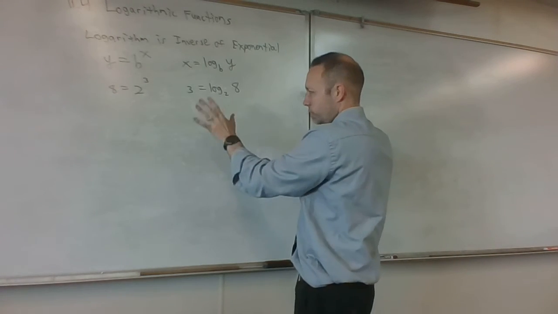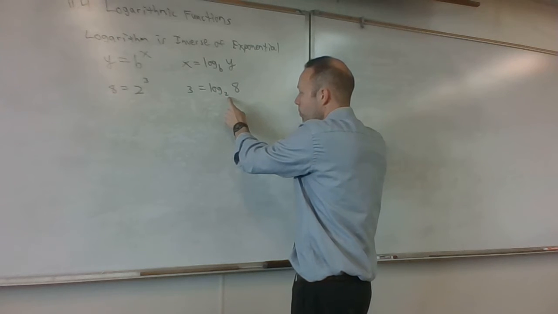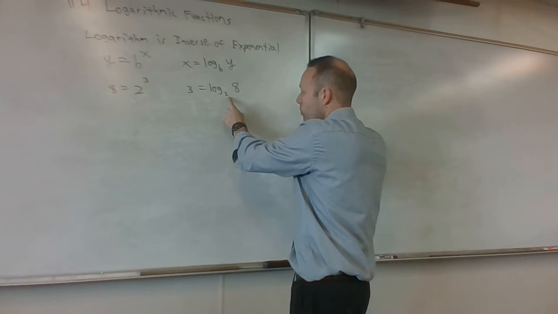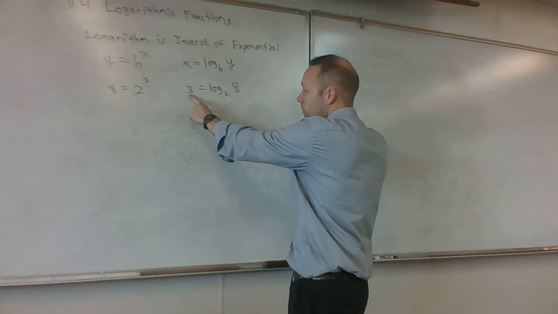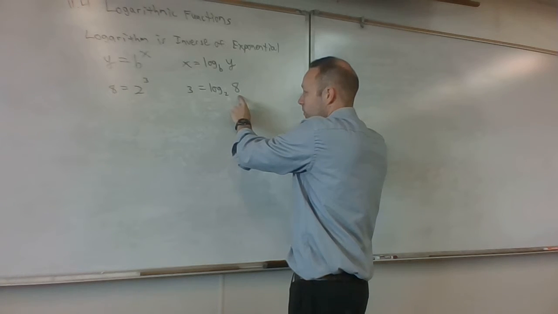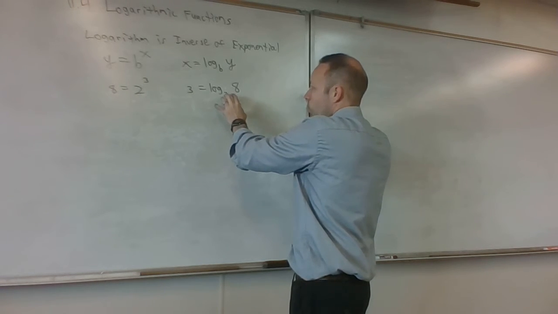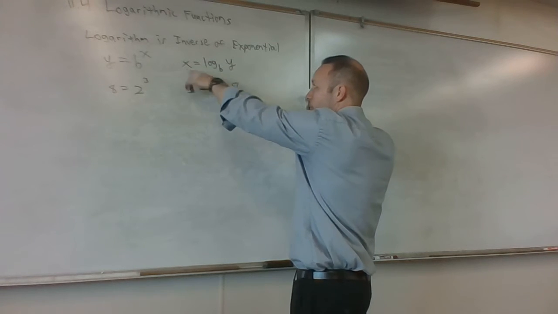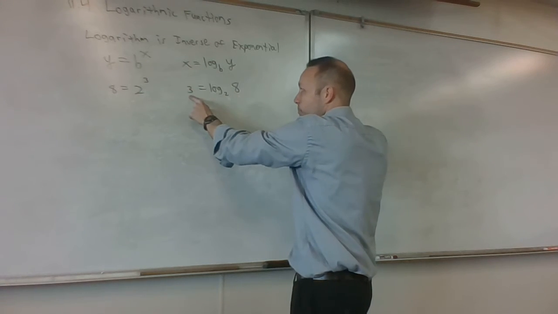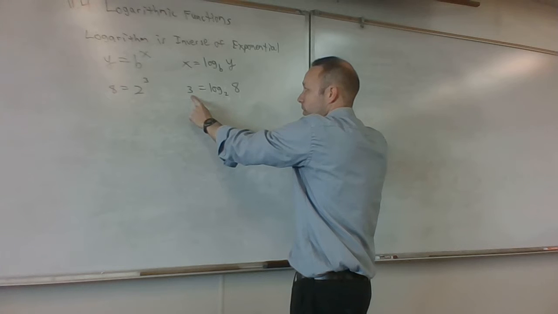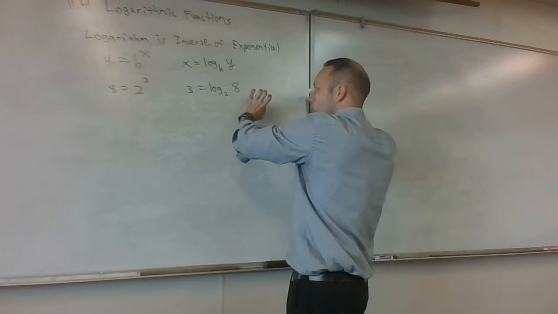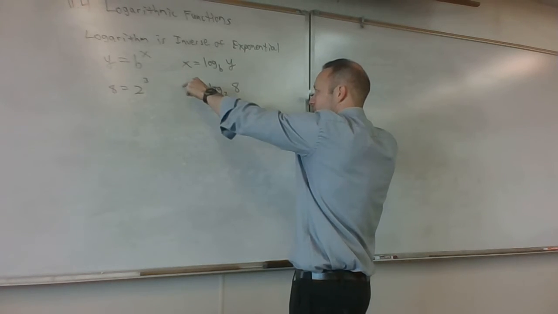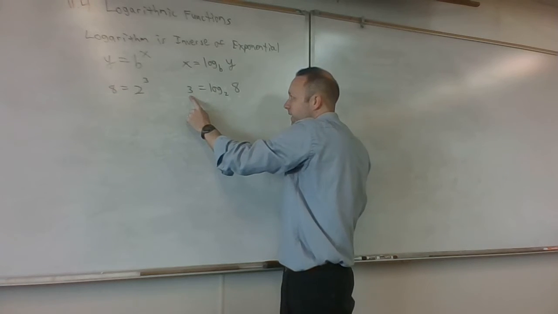Basically, this could be viewed as 2 to what power equals 8. So what we're solving for here, the variable x, is the exponent. So the logarithm equals an exponent.